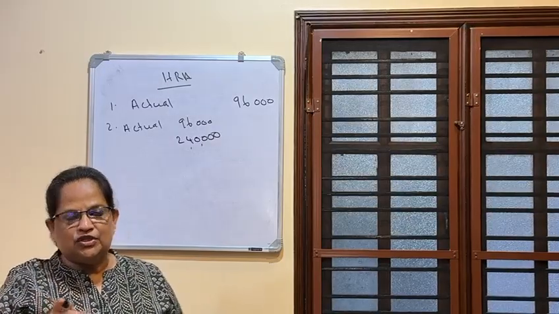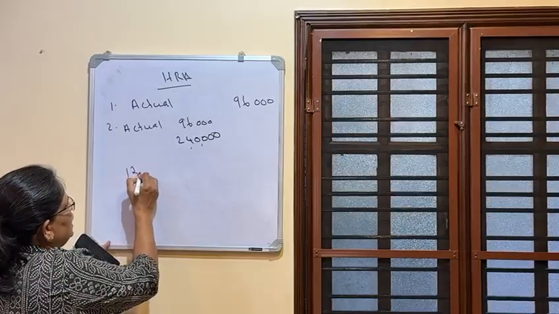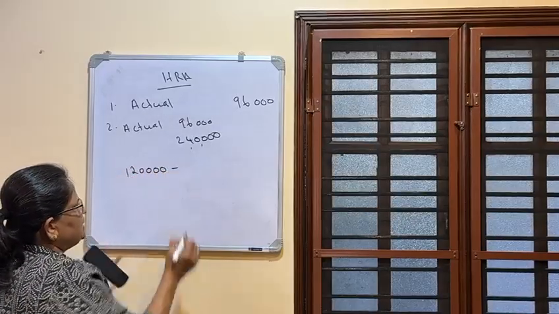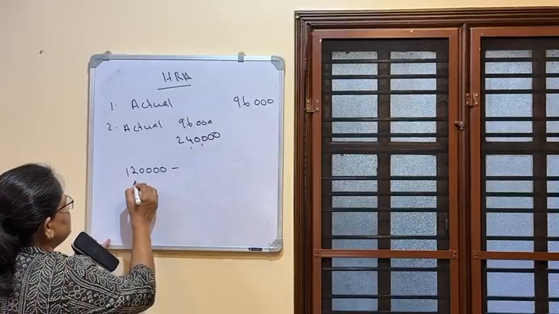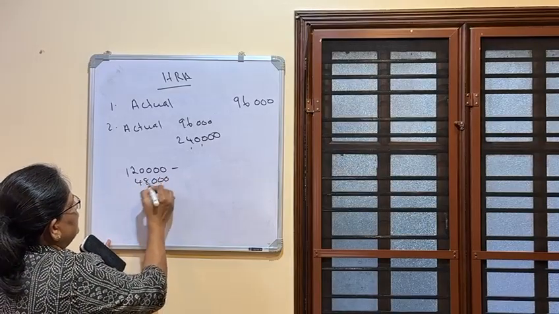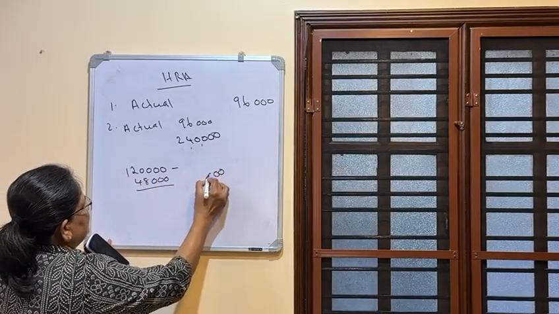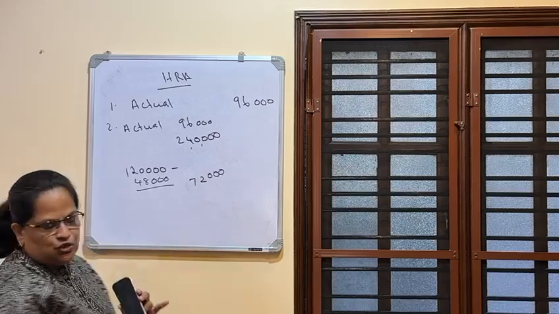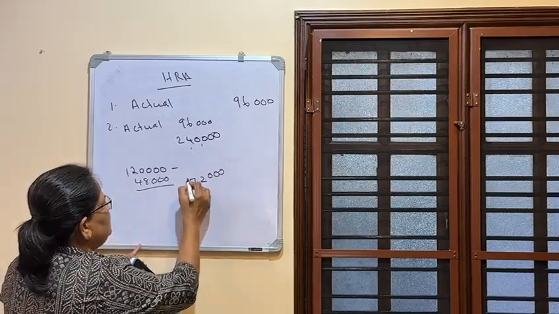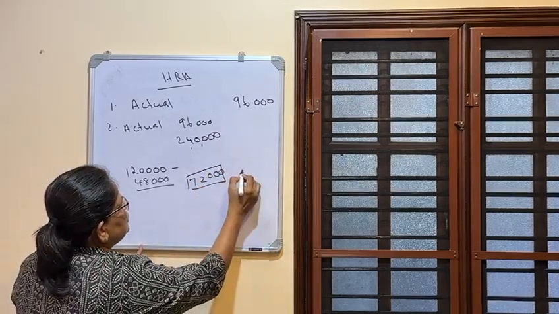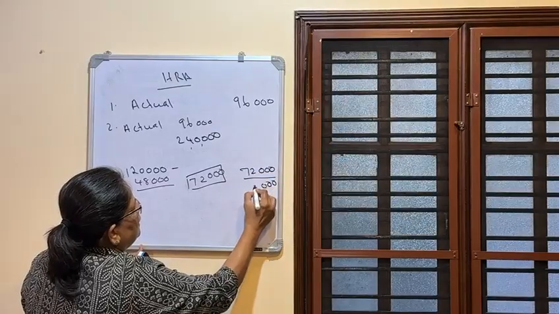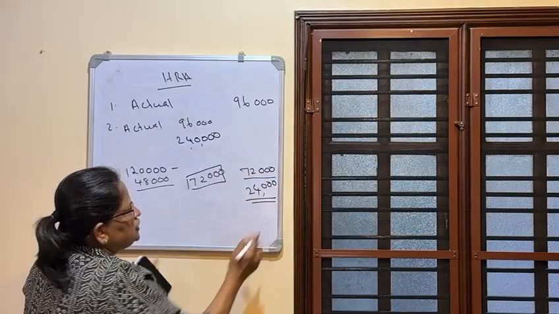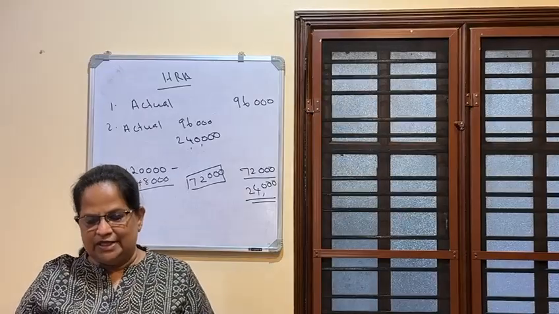Rent paid is 10,000 per month, so 1,20,000 minus 48,000, the value is 72,000. So the least value will be exempted, 72,000. So 72,000 you are reducing. So 24,000 will be the taxable value of HRA.